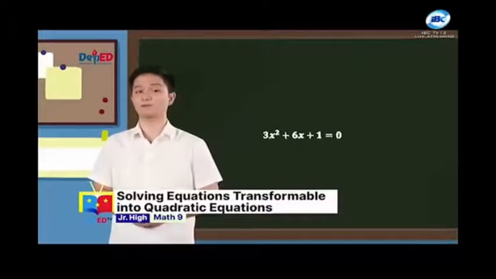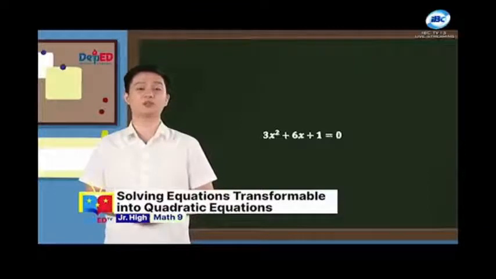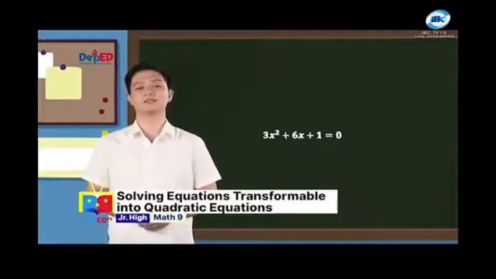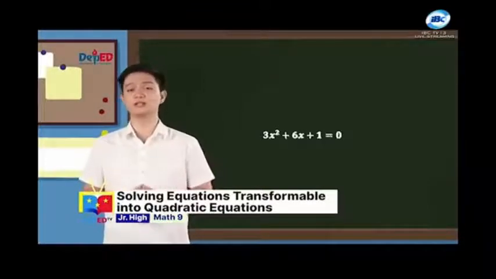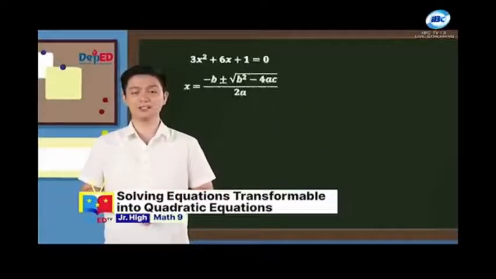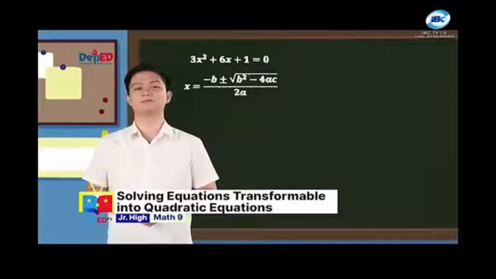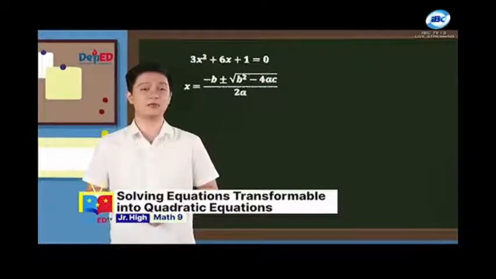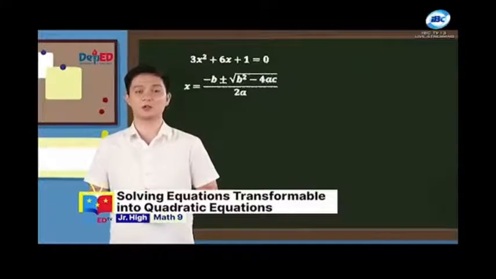Step 4. Solve the derived quadratic equation. What method should we use to solve the equation? Let's use the quadratic formula. In the equation, a is equal to 3, b is equal to 6, and c is equal to 1.